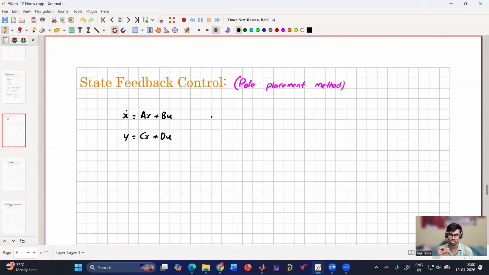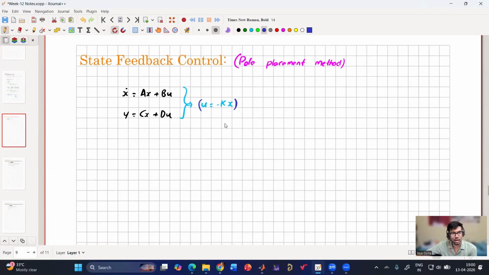The input to the system U is a product of the states. So we are feeding the states back to the system, and we set U equals minus Kx.